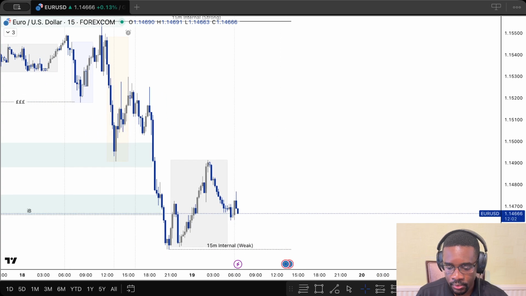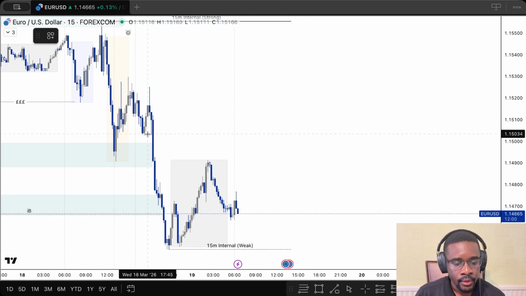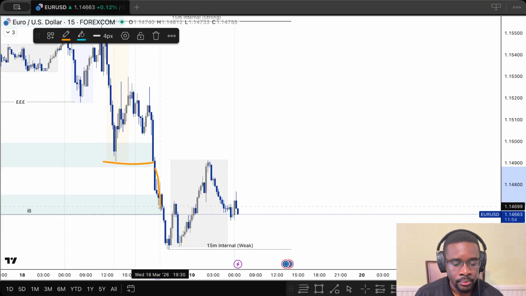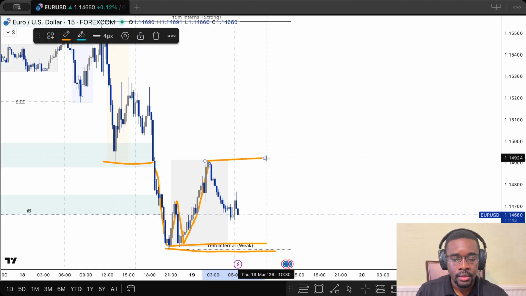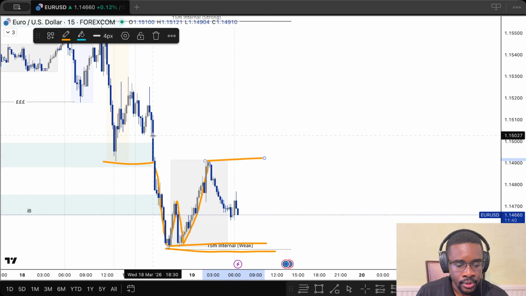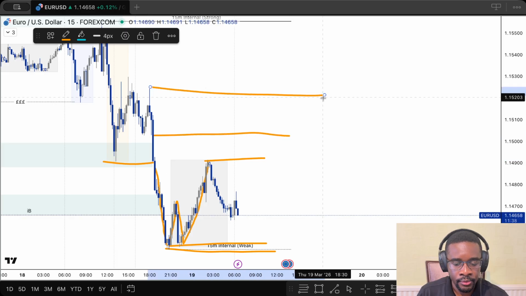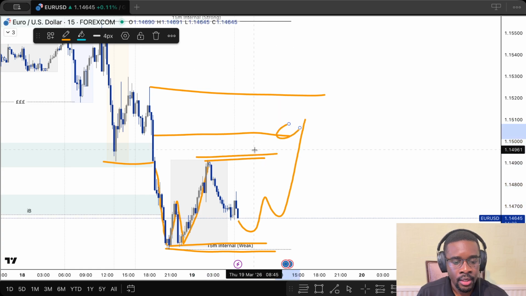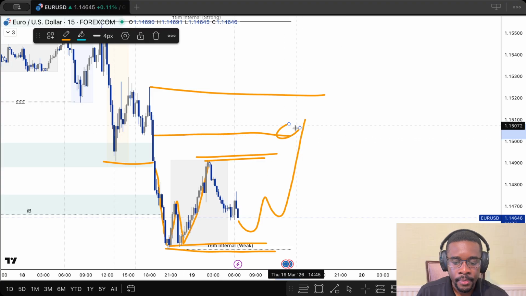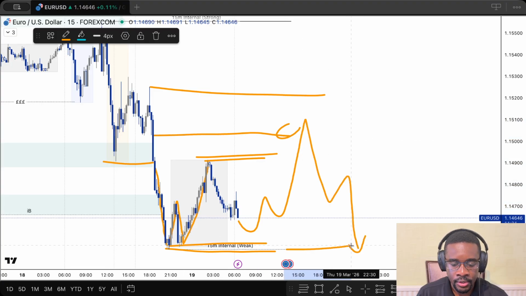Looking ahead, we broke structure, we came down, and we've had this reaction during Asia. Now we have Asia low and another weak low, and then we have our Asia high. So ideally you'd want to see price come up into this area, sweep Asia highs, mitigate this supply at the top, and then continue bearish, targeting Asia low.